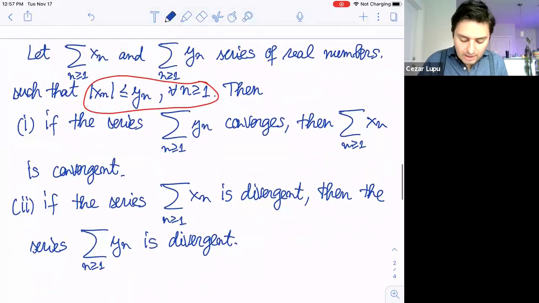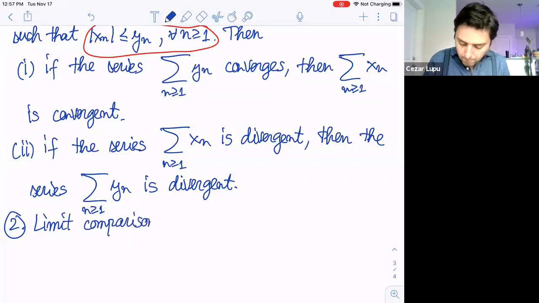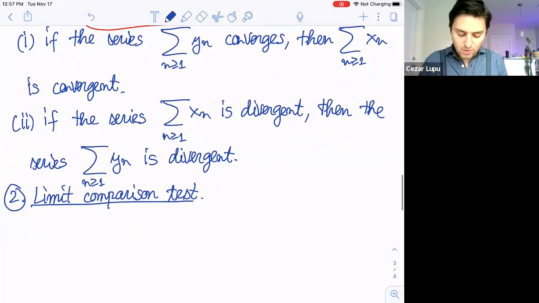And now the second one is the limit comparison test. This is very important. I'll provide an example. In fact, I'll take again the harmonic series and I'll show you how this works. So the limit comparison test says the following.